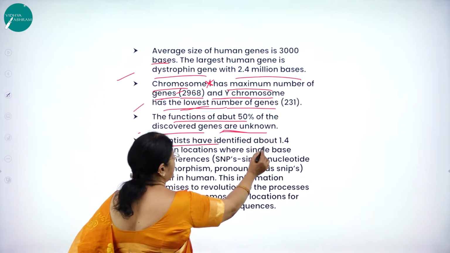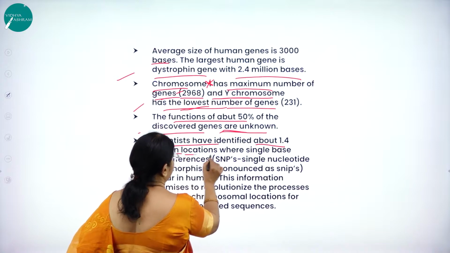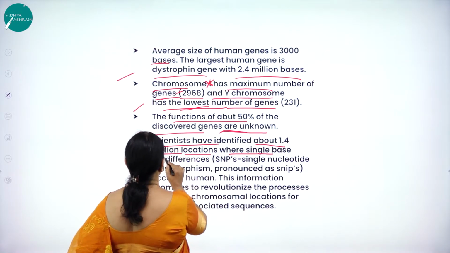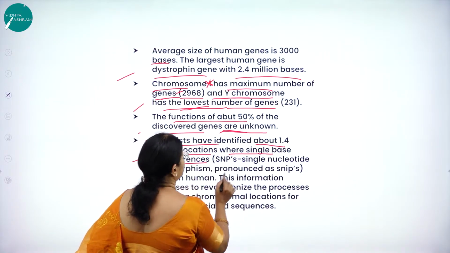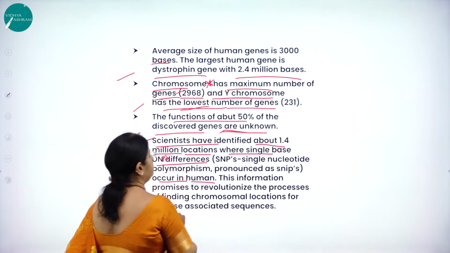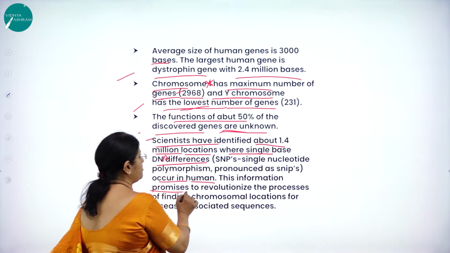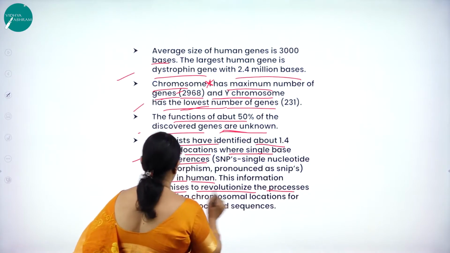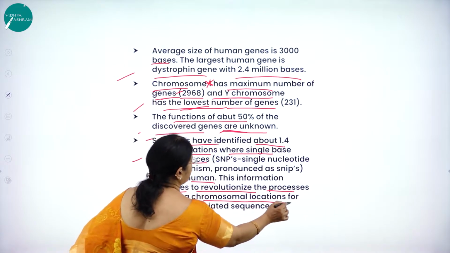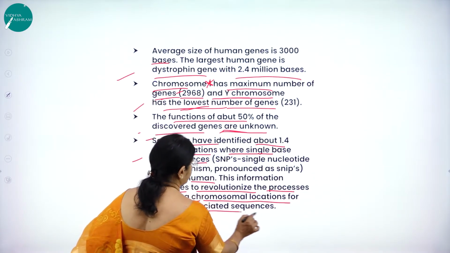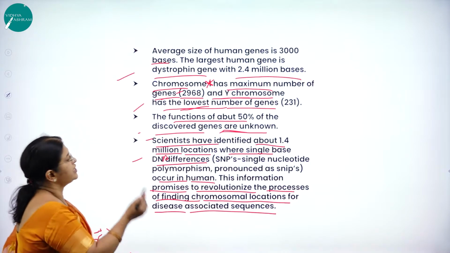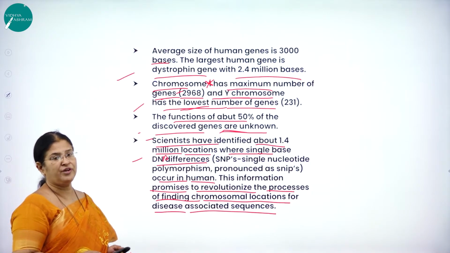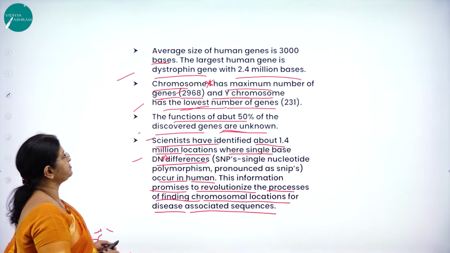Scientists have identified about 1.4 million locations where single base DNA differences occur in humans. This information promises to revolutionize the process of finding chromosomal locations for disease-associated sequences. So these are all the outcomes of the Human Genome Project.